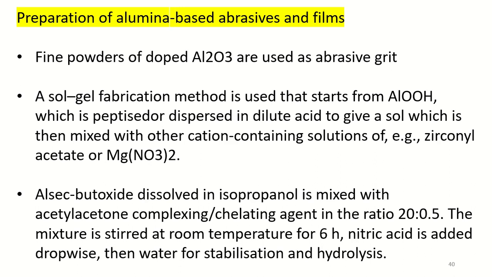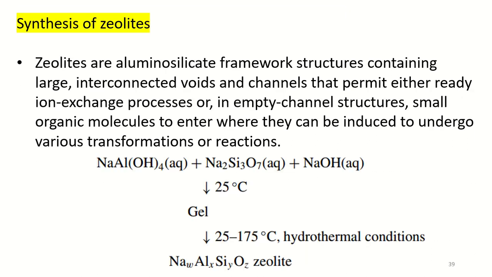Before going to the preparation of alumina, I would like to give more detail on zeolite crystallization. After crystallization of the zeolite, it is necessary to remove the template ions, and this is done by heating to almost 400 degrees Celsius, where the organic material burns off, leaving the inorganic framework intact.